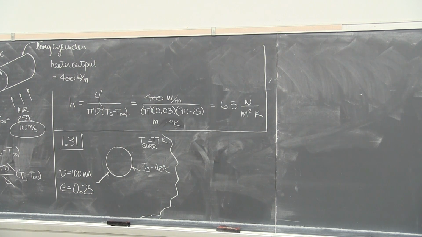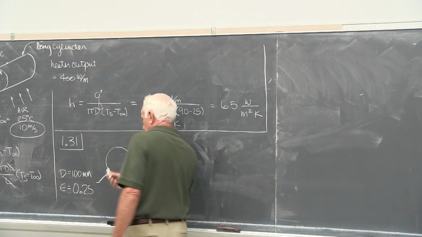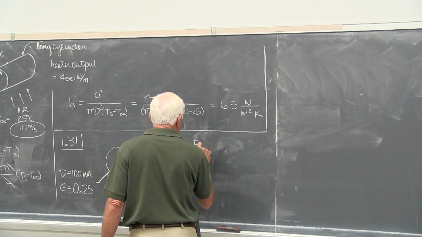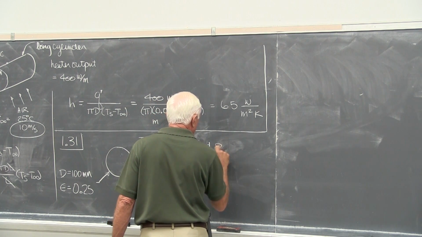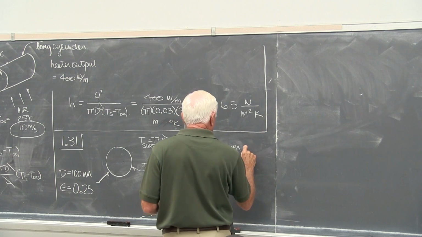So to keep the electronics happy, keep the temperature down to 40 degrees C. How much power can this dissipate in the chamber? So find the power dissipation.